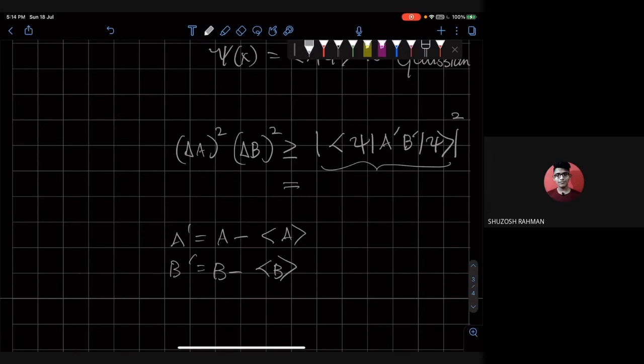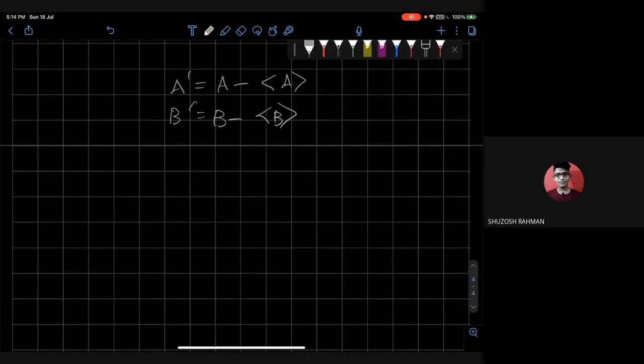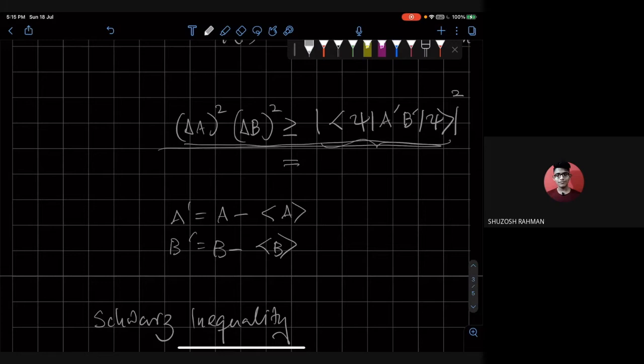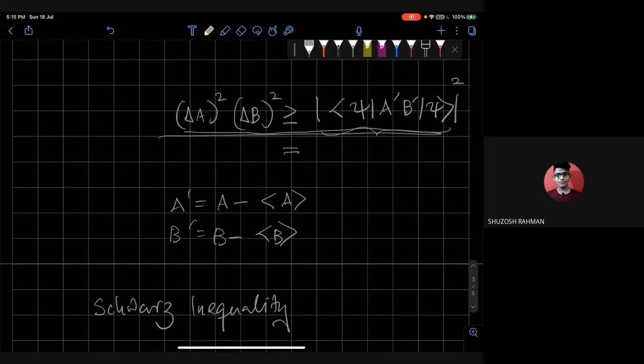So essentially, you have to think about where this relationship came from. You have to remember that the relationship came from the Schwarz inequality. According to Schwarz's inequality, this is saturated when it tells you, yeah, it's saturated.